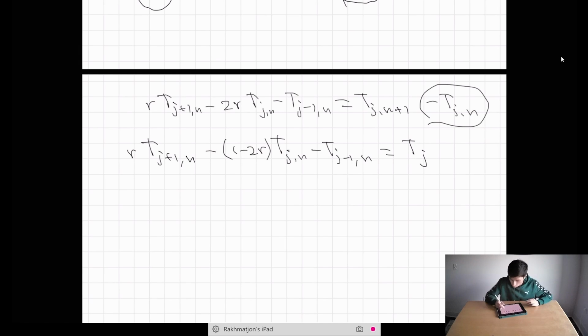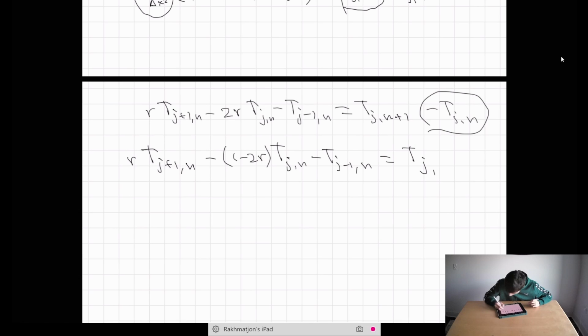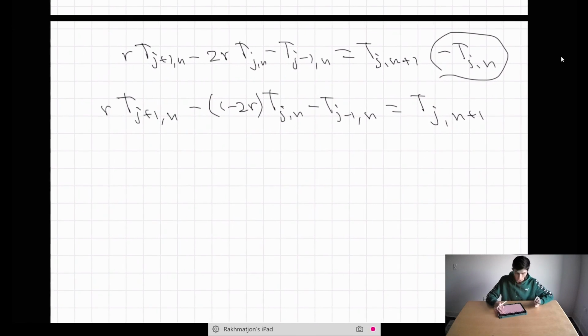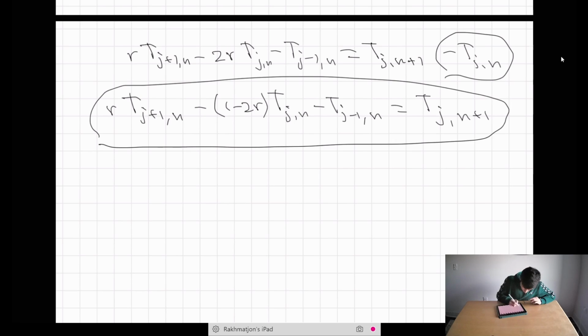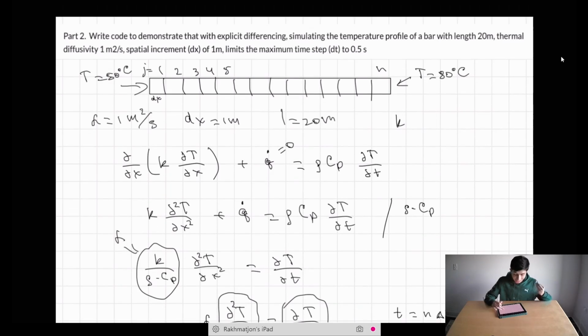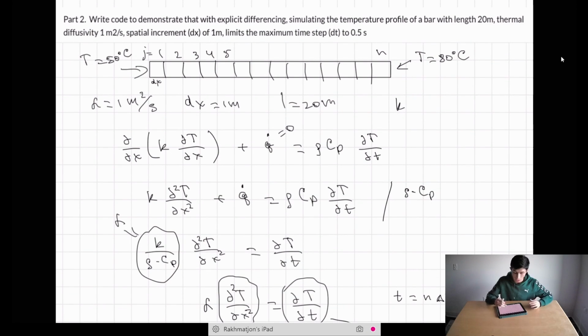And that equation is equal to the temperature at j at time n plus 1. Okay, so now using this equation we derived, we can use the plot line to plot how the temperature is changing and see if delta t should actually have a maximum limit.